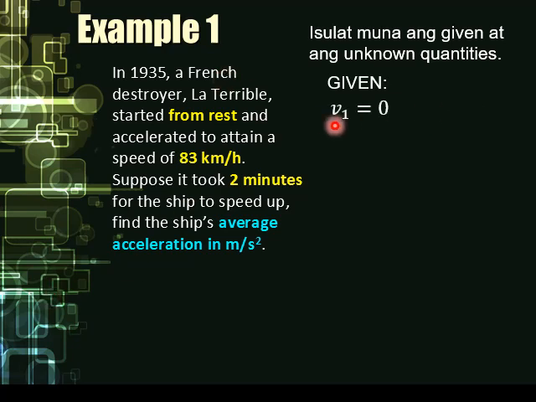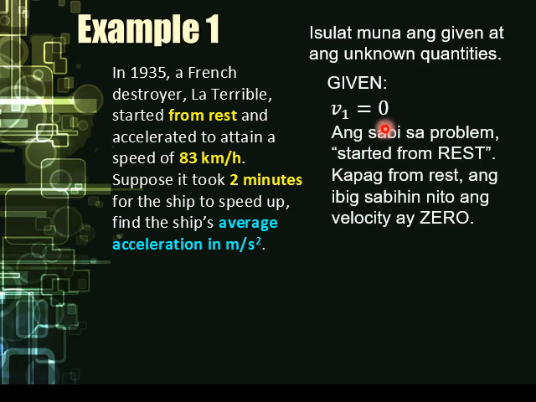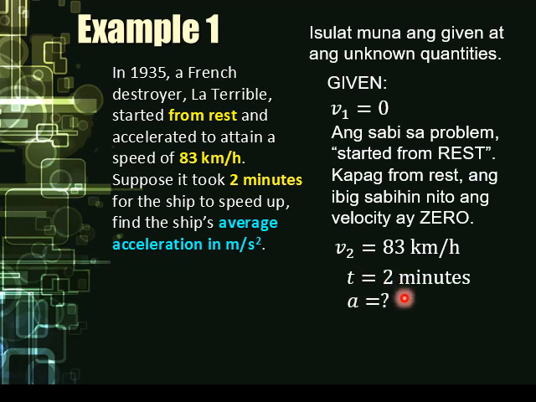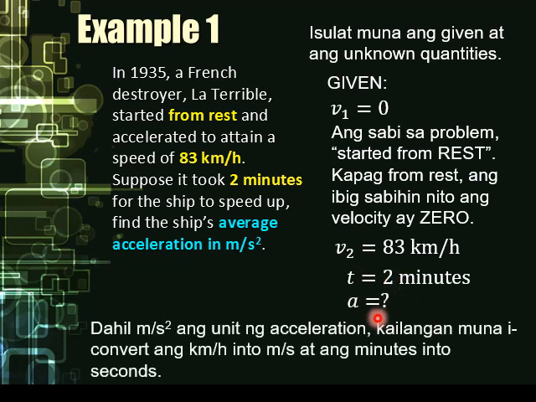So meron tayong given na, okay, initial velocity is 0. Bakit? Kasi ang sabi din sa problem, it started from rest. So kapag yung object nag-start from rest, ang ibig sabihin nito, ang initial velocity ay 0. And then you have a final velocity of 83 kilometers per hour. Then time na 2 minutes. And we're looking for the acceleration.